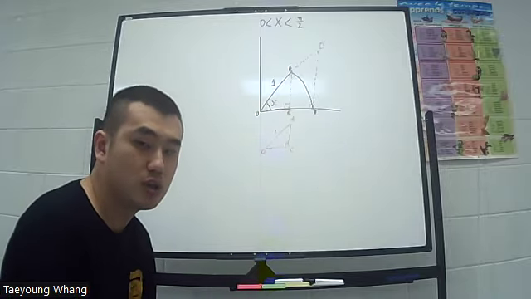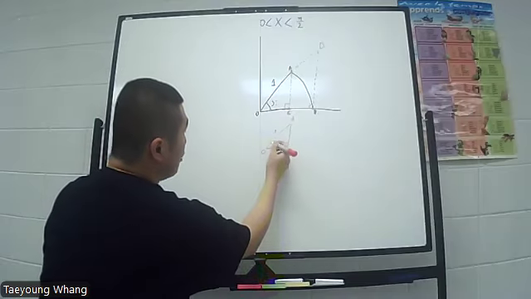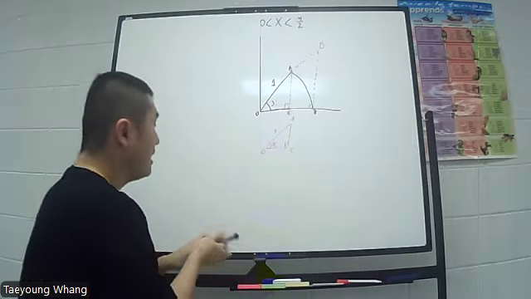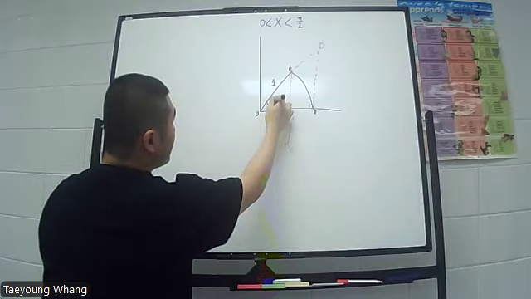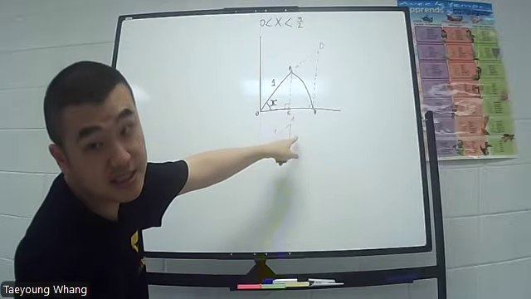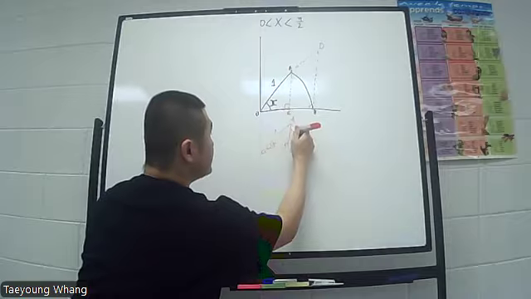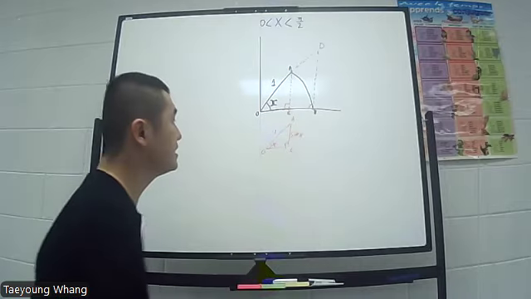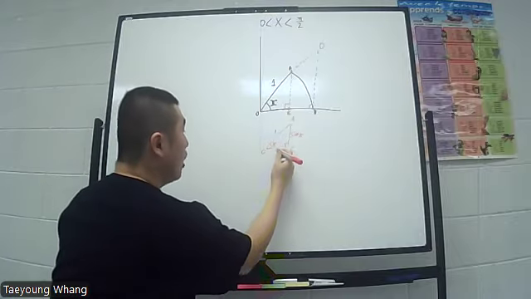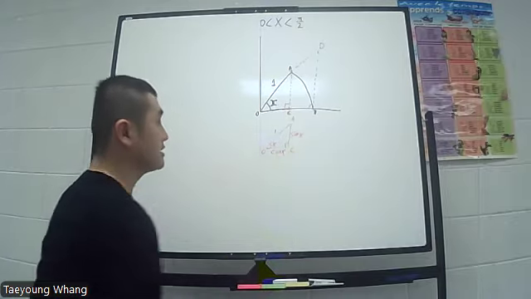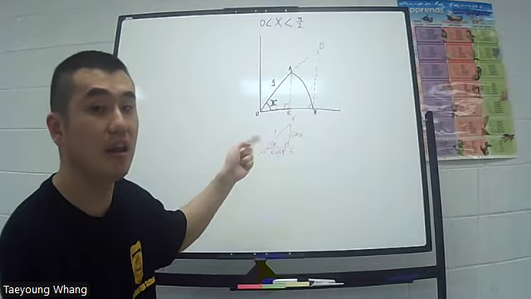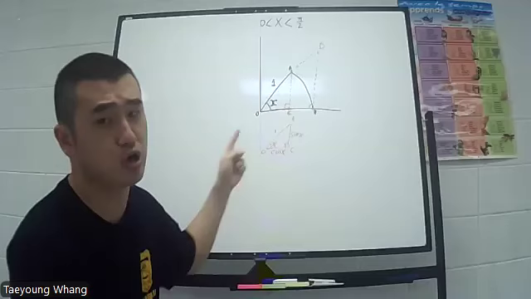By the definition of trigonometry, and if you already know that the angle here is x, it should be automatic for you guys that the length of the opposite side AC is sine of x, and the adjacent length is going to be cosine of x.